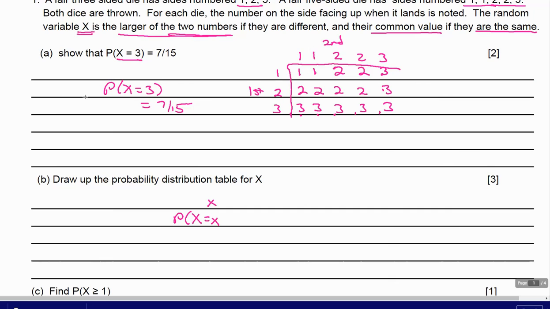Now, what are the possible things my x could be? 1, 2, or 3. There's the only things that can happen because I'm looking at every possibility up there, right? Now, what's the probability that it gets to be a 1? And what's the probability that it's a 2?